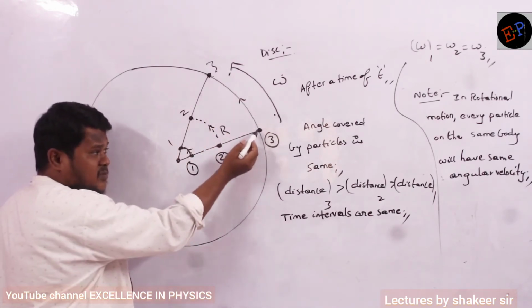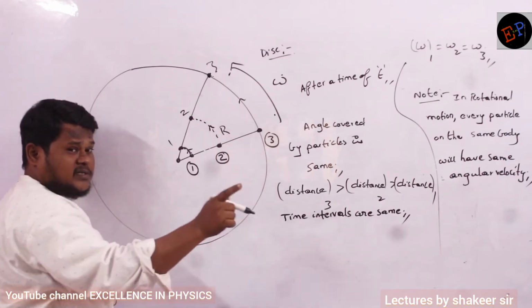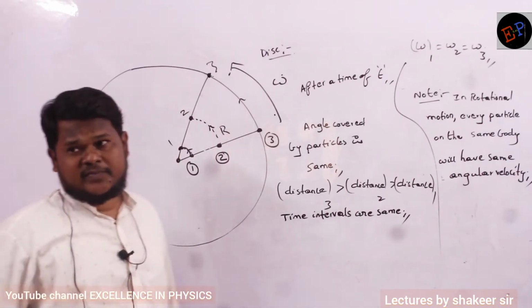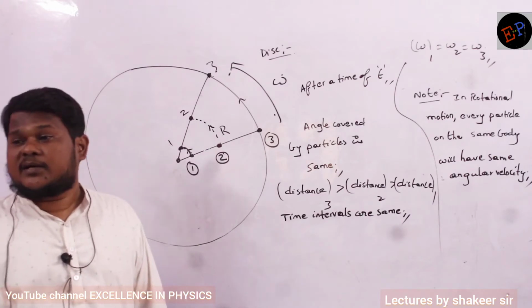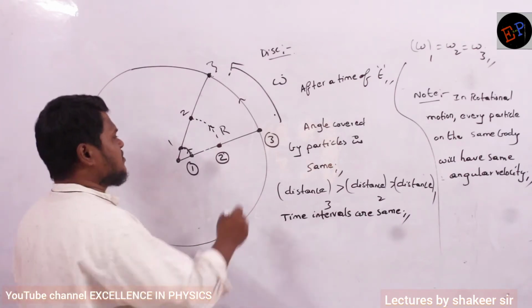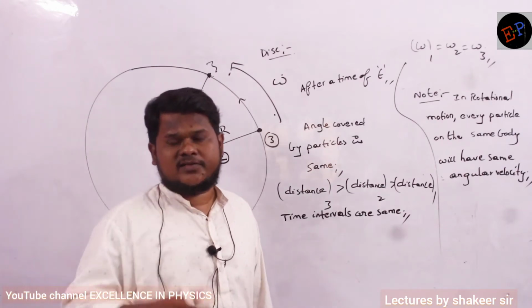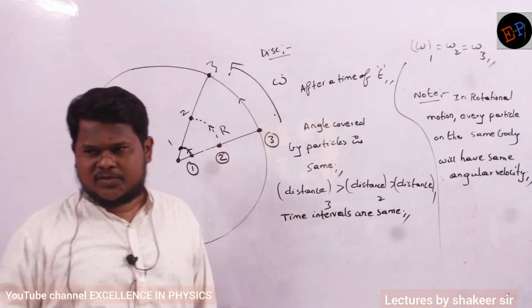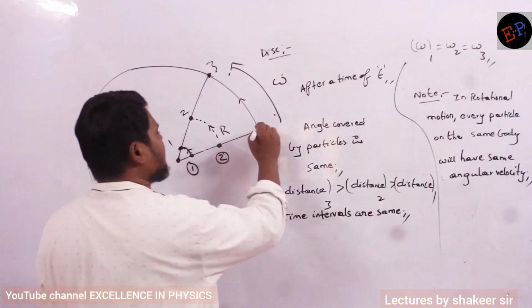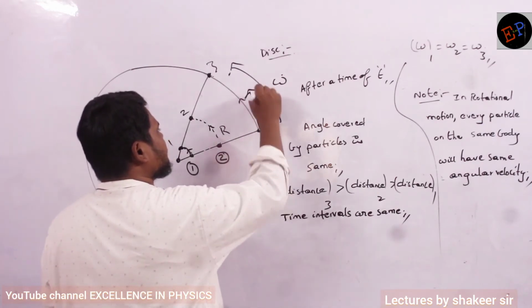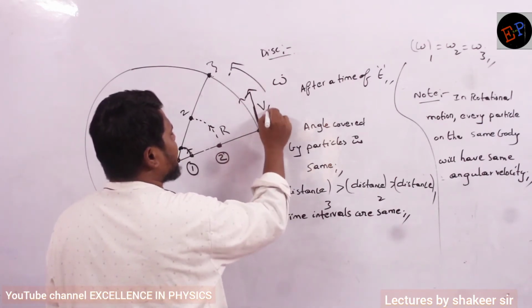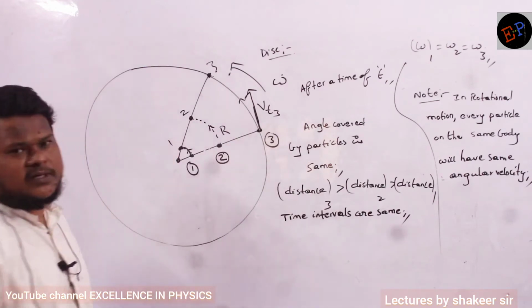So this particle is having the highest tangential velocity. Velocity in tangential direction is called tangential velocity. We studied in circular motion, no? So I will say this is Vt3, tangential velocity of third particle.